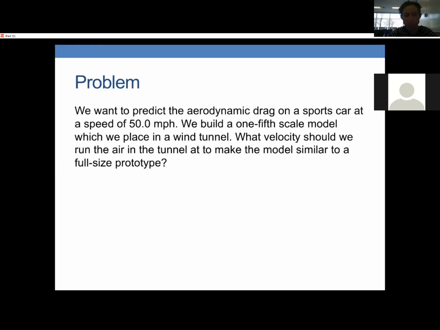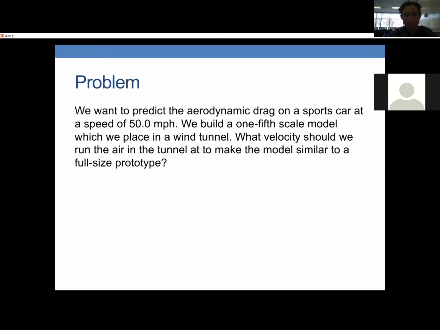Okay. So you're sort of skipping a step here, because it's not always obvious. Remember again, what we want is for all of those pi groups to be similar. And we said, if the Reynolds number is the same around the little one and the big one, then they are similar.